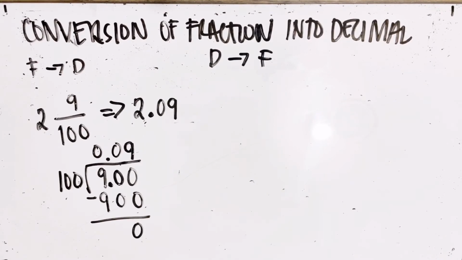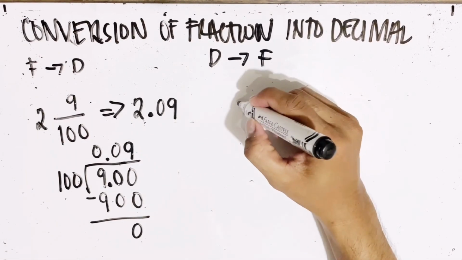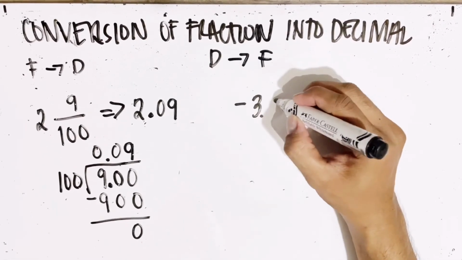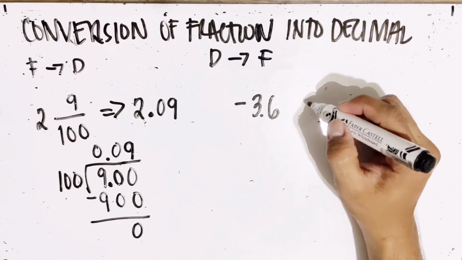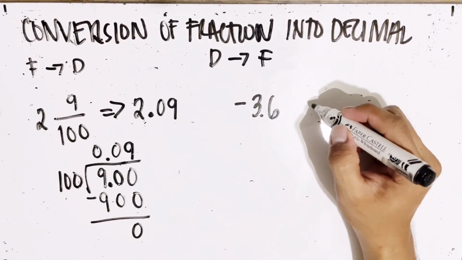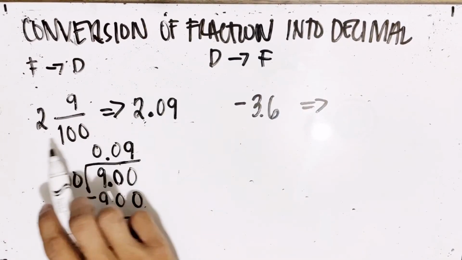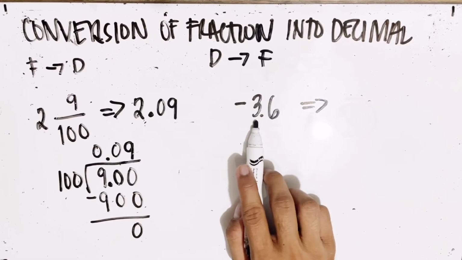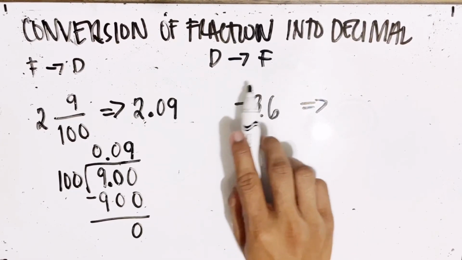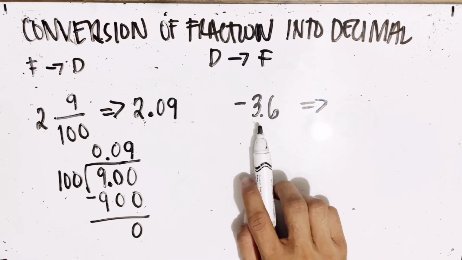Okay? So how about if we have a negative decimal number. For example, we have negative 3.6. Let's convert this one to fraction. Same with this one, because we have a whole number, it means this one will become a mixed number.